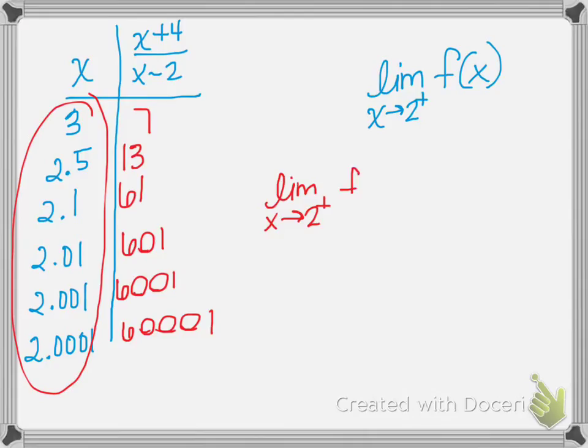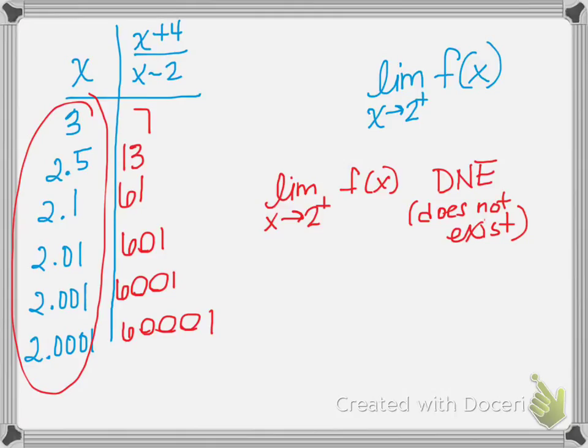So we say this limit as x goes to 2 from the right of f of x does not exist. We'll abbreviate it DNE. It does not approach any particular value, but it does do something special: it gets larger and larger, and the limit goes off to infinity.